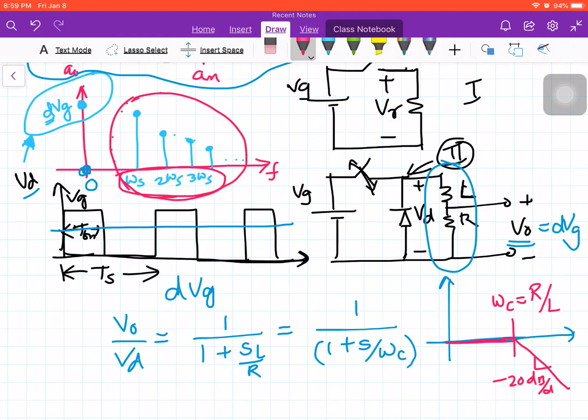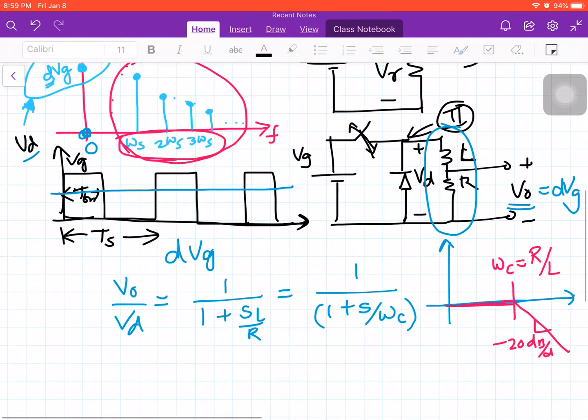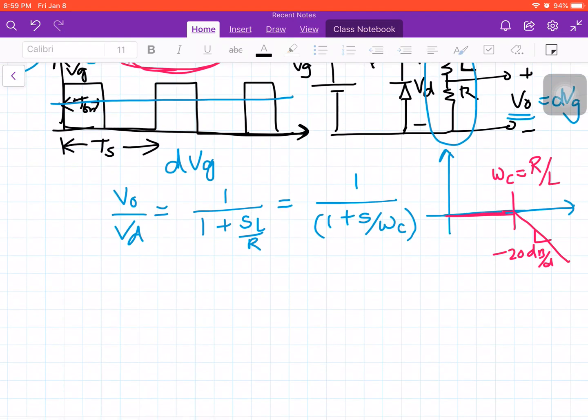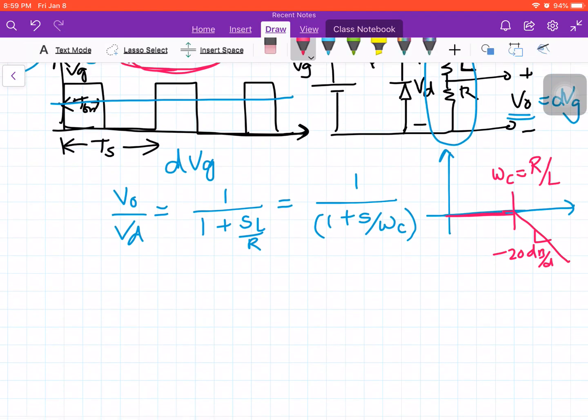So our main aim here, let's take the magnitude of this. What we want and what we don't want, we are clear about it, right? We don't want the higher switching components like omega s, 2 omega s, and so on.